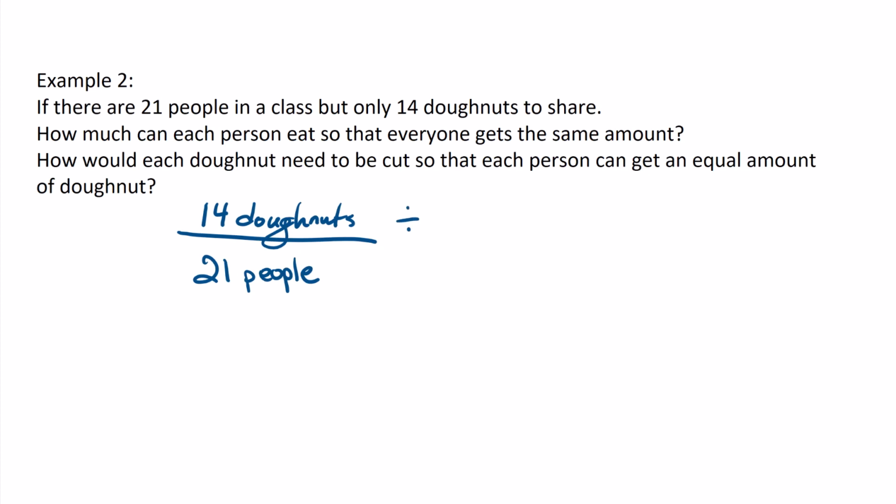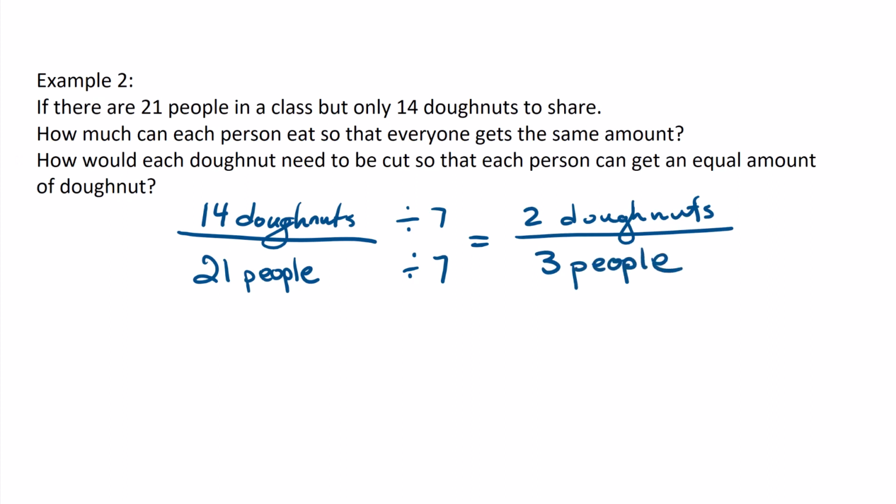Notice that 14 and 21 are both divisible by 7, and so we'll reduce that fraction, and we'll get 2 donuts per 3 people. Now we can figure out what this means.